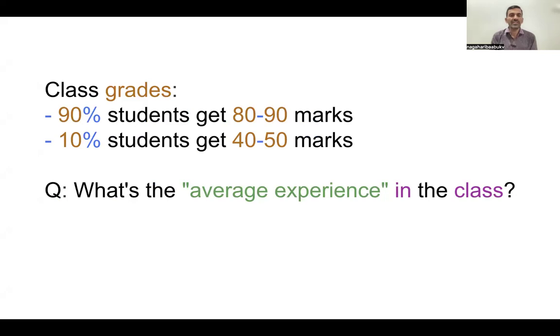For example, let's take class grades. Out of 100 students, let's say 90% of the students get 80 to 90 marks and 10% of students get 40 to 50 marks. So what is the average experience in the class? What is the average randomness in the marks in the entire class?